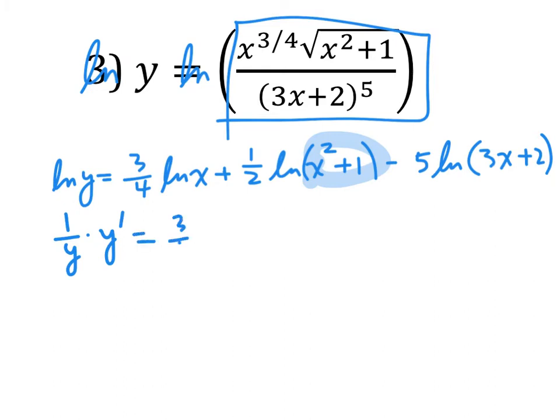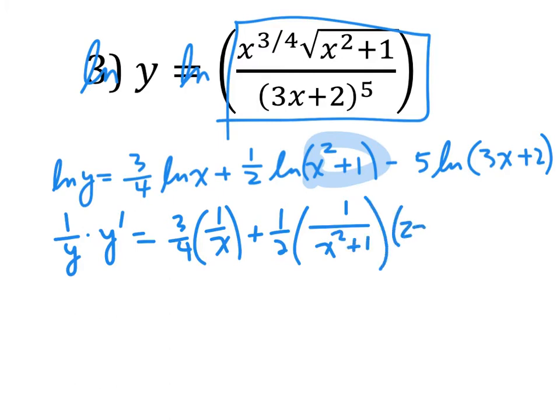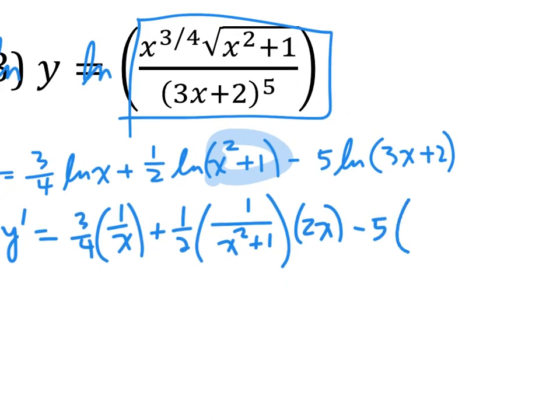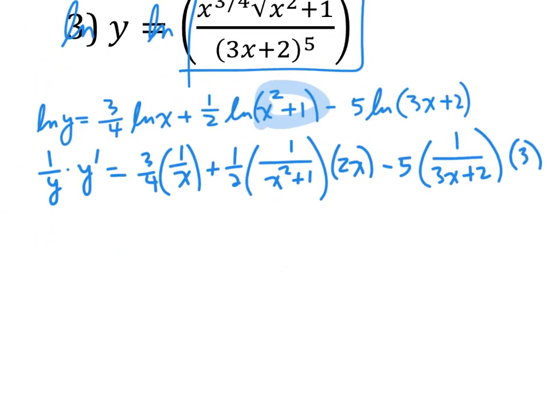So 3 over 4 times 1 over x plus 1/2 times 1 over 2x squared plus 1 times 2x minus 5 times 1 over 3x plus 2 times 3. All right, let's simplify the right-hand side as much as possible. Probably there's not much we can do.